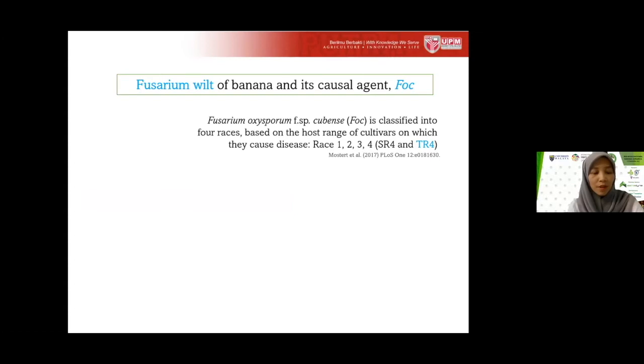Earlier Professor Aikin also mentioned the disease in her talk. So we know that Fusarium wilt is caused by a soil-borne fungal pathogen, Fusarium oxysporum f. sp. cubense, FOC, and there are 4 races of FOC, and the most virulent one is TR4, at least in our region.